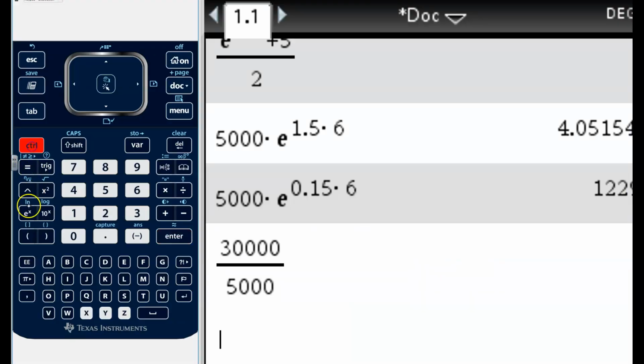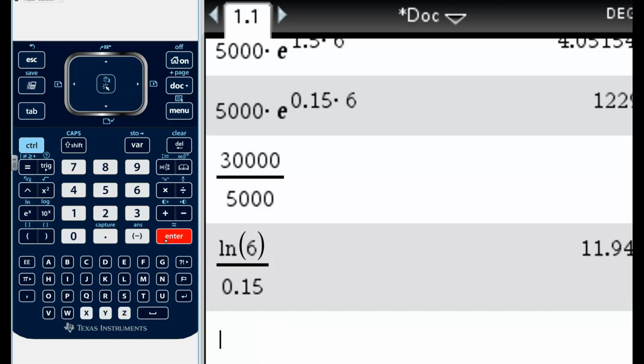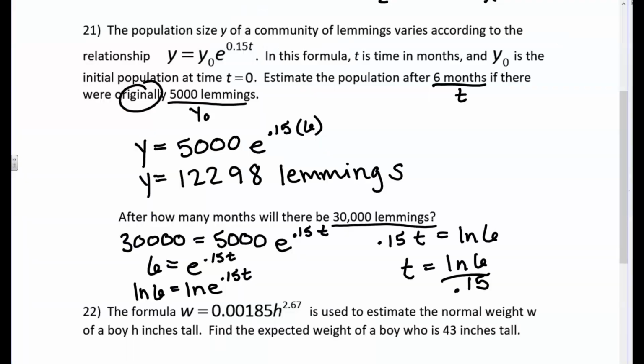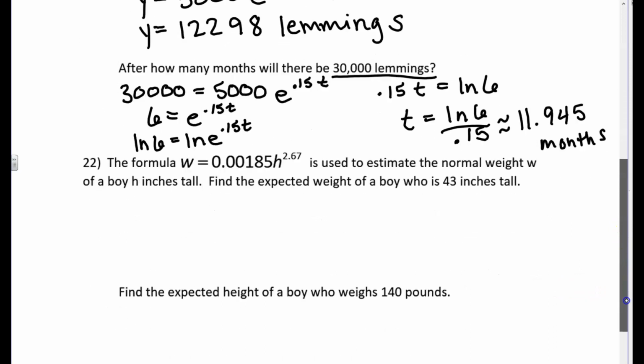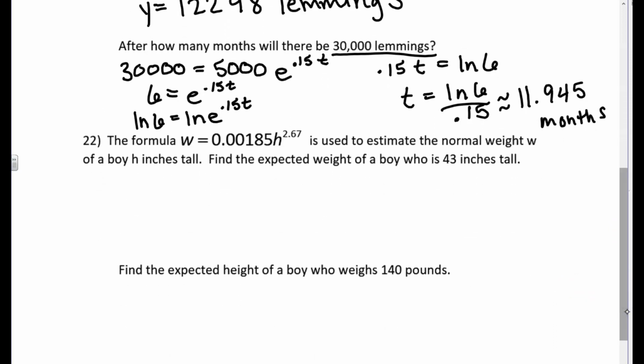We do the natural log of 6, parentheses, divided by 0.15, and we get 11.945 months. It's really about 12 months if we were going to round that, but anyway.